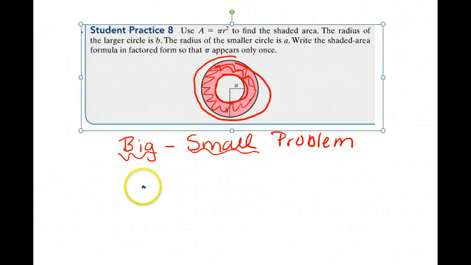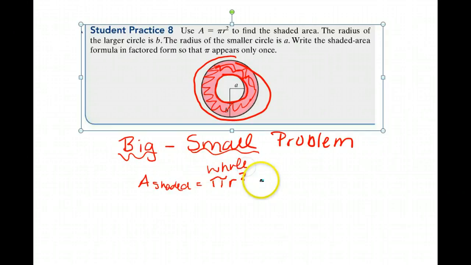So let's focus on what we're doing here. If we want to find the area of just the shaded region, we're going to start with the area of the whole circle. So we're going to do pi r squared for the whole circle, and then subtract out the area for the gray circle. So another pi r squared.